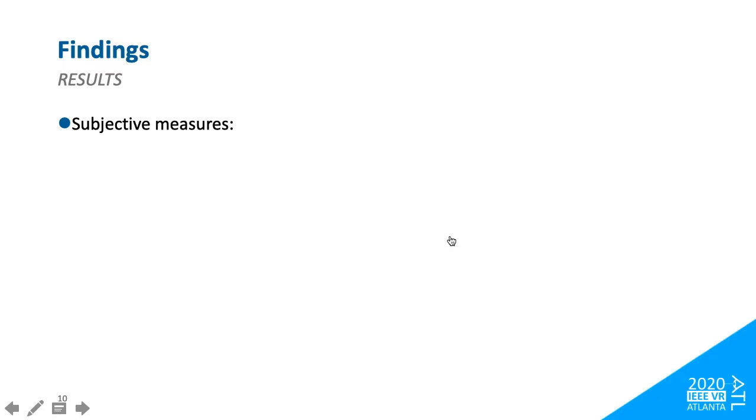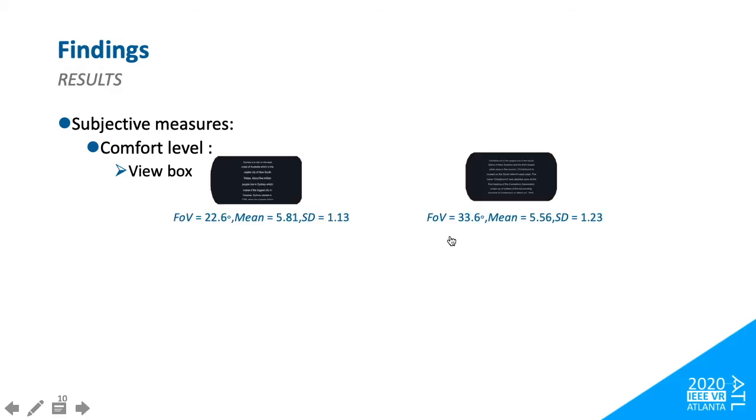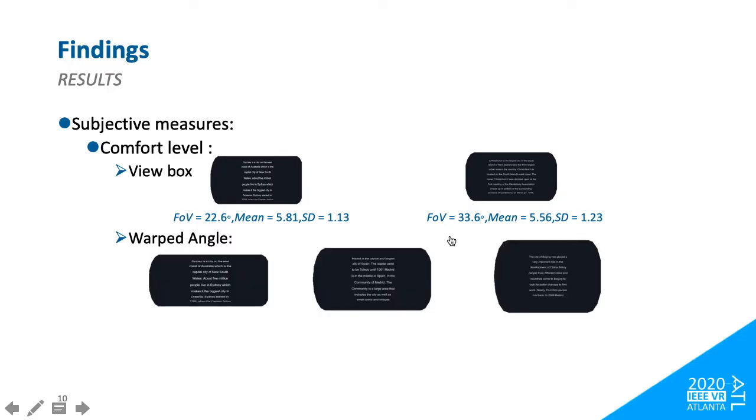So in this case, we collected lots of qualitative and quantitative data. There are some findings. As for the subjective measures, the comfort level shows a statistically significant difference. As for each variable, to be more specific, as for the width of the wheel box, the shorter one, which the field of view is 22.6, shows more comfortable than the longer one.